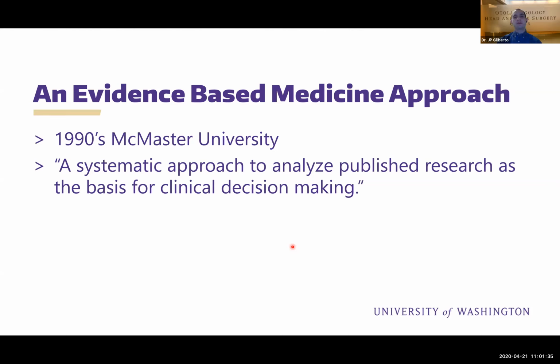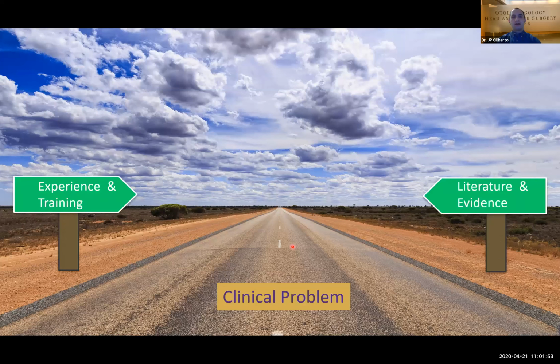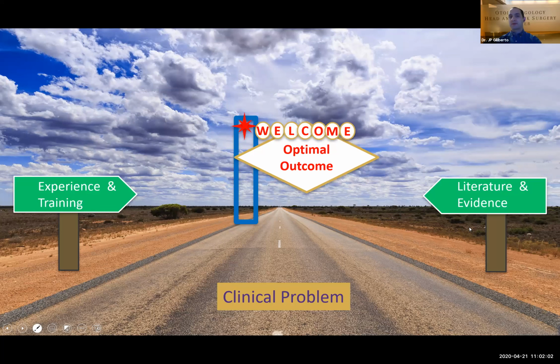And they wanted to take a systematic approach to analyze published research as well as form the basis of clinical decision making. So really, if you think of our clinical problem as sort of a road or a way that we're traveling, we use our experience and our training as well as the literature and evidence that we have to sort of guide us along the road to get to our optimal clinical outcome.